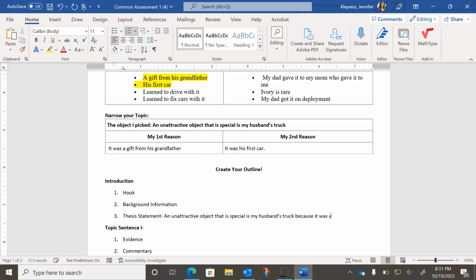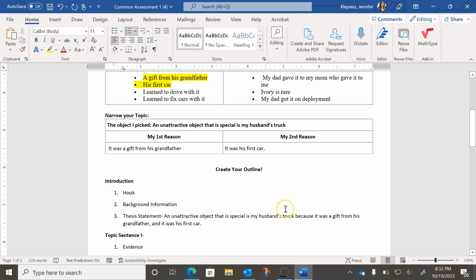Because it was a gift from his grandfather. And since I have another independent clause, I'm going to do a comma and a fanboy, and it was his first car. And just like that, I've now created my thesis statement.